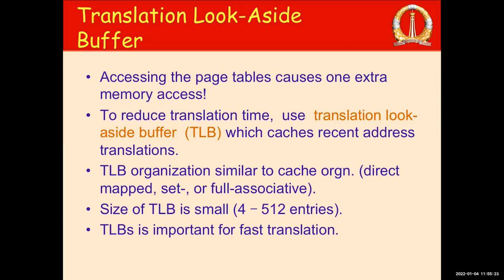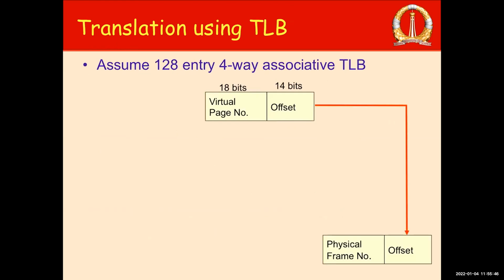The TLB is organized in a structure similar to the cache organization, but it is typically small, something between 16 entries, 128 entries or 512 entries. It's again set associative. It basically stores the translation information. The translations which have been recently accessed are what are cached in the translation look-aside buffer.